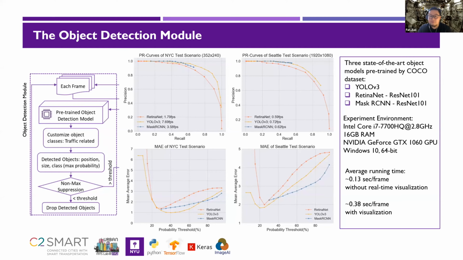And the MAE is also used to identify the optimized non-max suppression threshold. The experiment environment and the computing costs are also provided on the right side, and the required language and libraries are provided below. We use Python, and we use TensorFlow, Keras, and ImageAI as the environment and the libraries.